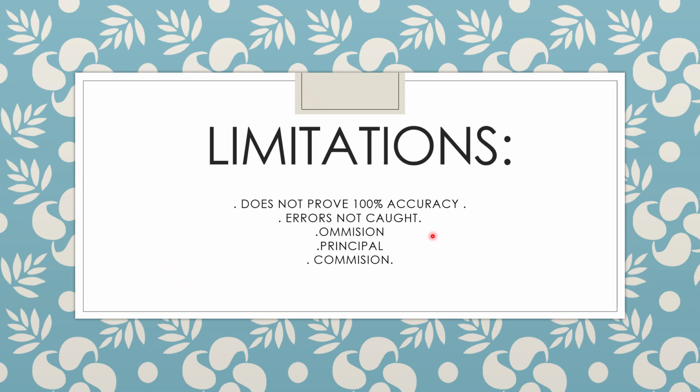Let me briefly define these errors. Like omission, we can say that when we completely missed a transaction, it will be called an omission error. The principal error, when we post to the wrong type of account, like asset instead of expense. And then a commission error, we can say that using the right amount but the wrong specific account.